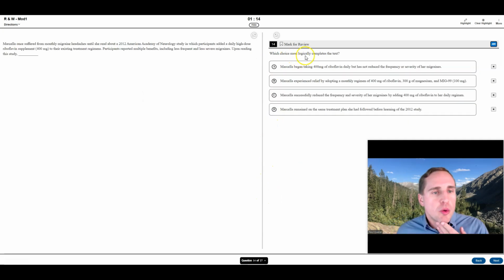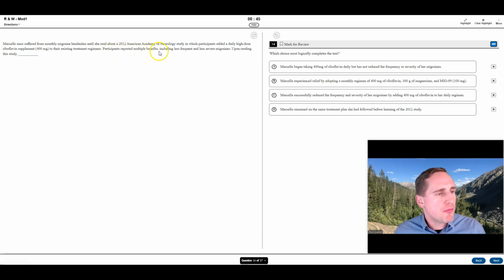Okay, which choice most logically completes the text? So let's assume that this text makes sense and that the statement we're going to choose follows from the previous sentences. Marcella once suffered from monthly migraine headaches until she read about a 2012 American Academy of Neurology study in which participants added a daily high-dose riboflavin supplement, that's 400 milligrams, to their existing treatment regimens.